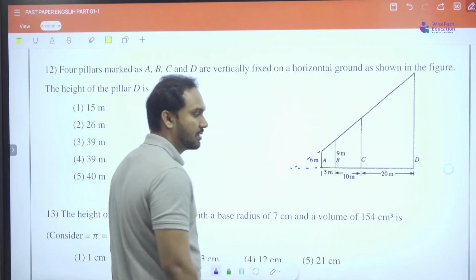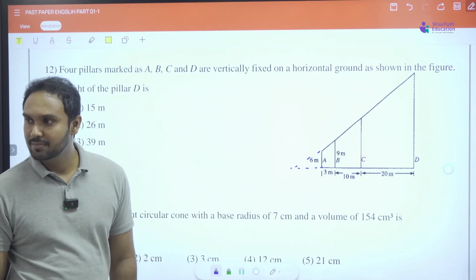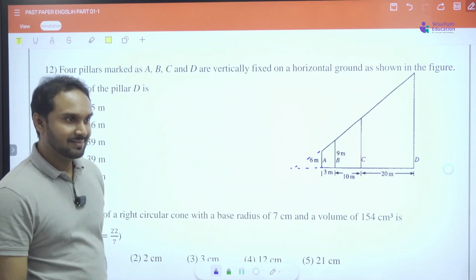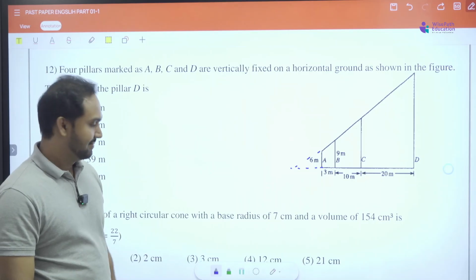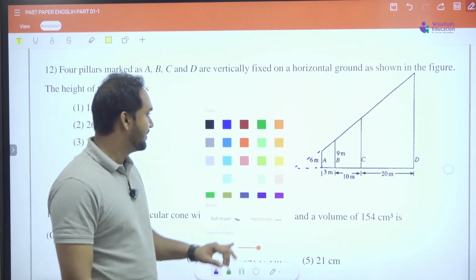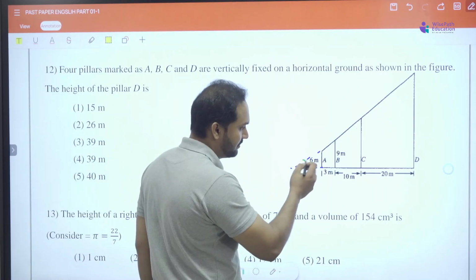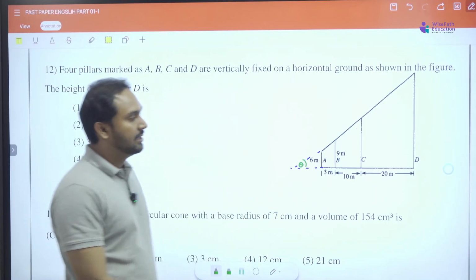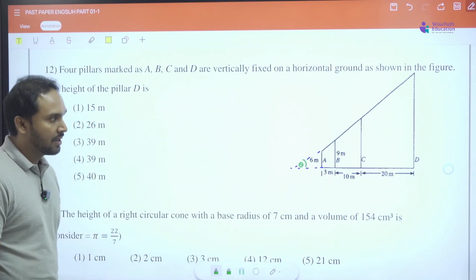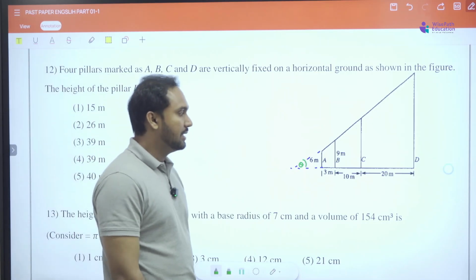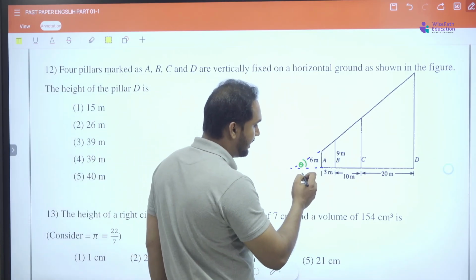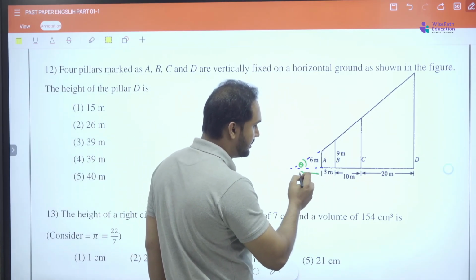Hands up those who constructed this triangle. Nobody? That's the first step. Maybe different ways are there, but I'll take it as T. The angle is theta. Let's say this length is x, we don't know, right?